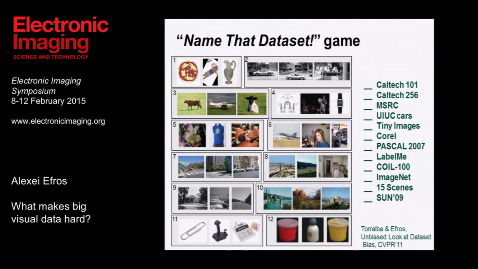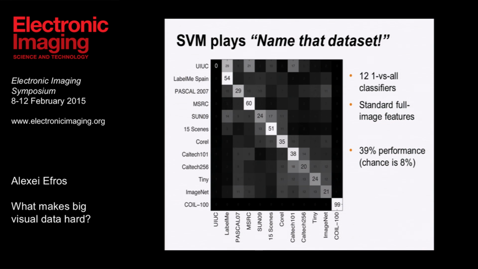Ideally, all of these data sets are just samples from the visual world, so this should be a really, really hard task. But it turns out people are very good at this, at least computer vision scientists are really, really good at these tasks. And a very dumb linear classifier is also very, very good at this task, which is bad news, because that means that all these data sets are actually quite biased.